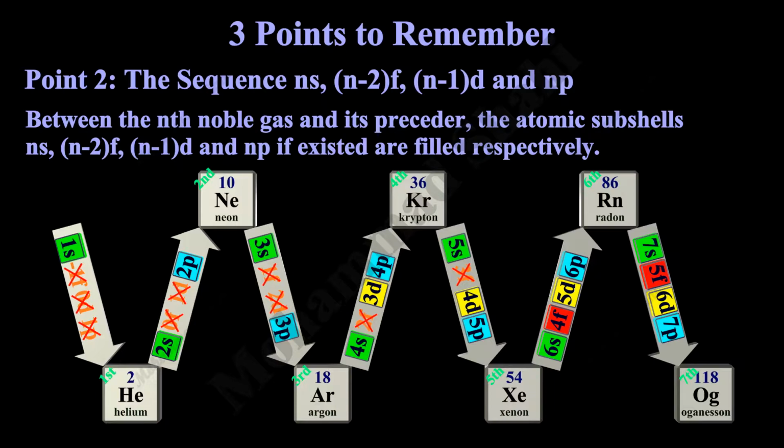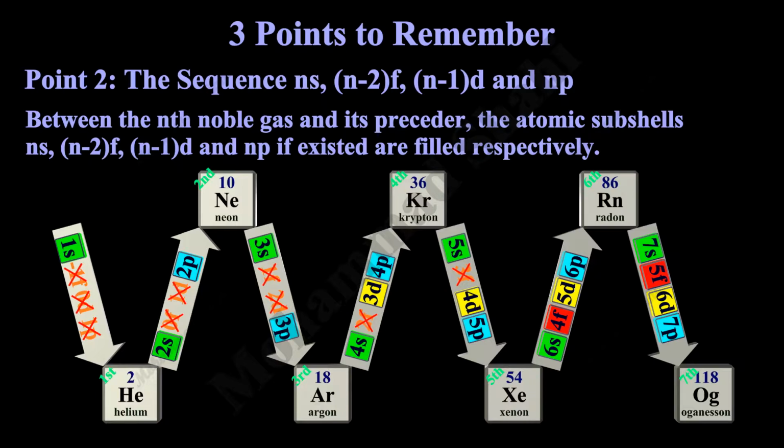Where 3f doesn't exist, or we don't have any f subshell before 4f, so we can conclude that from krypton to xenon, the atomic subshells 5s, 4d, and 5p are filled respectively.